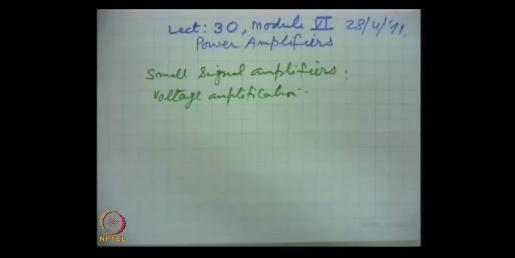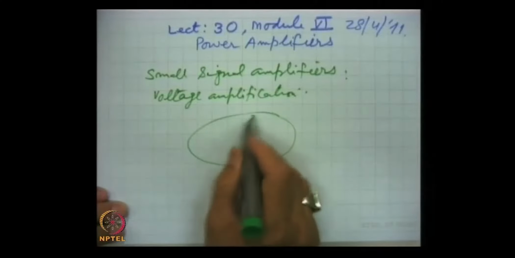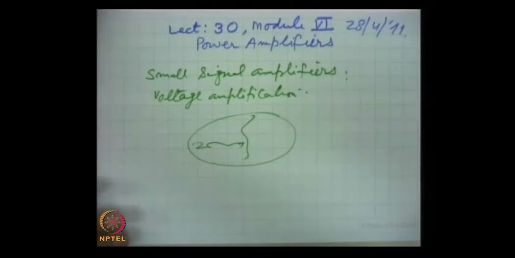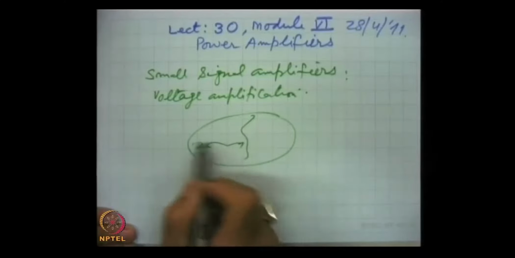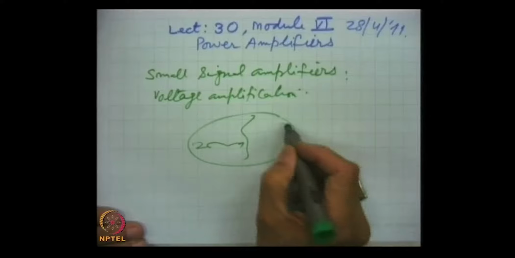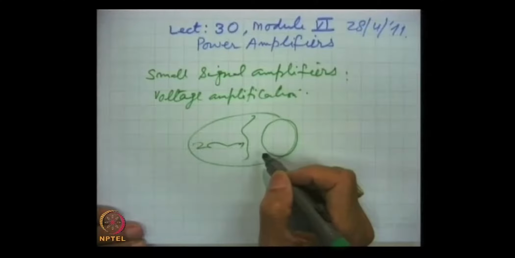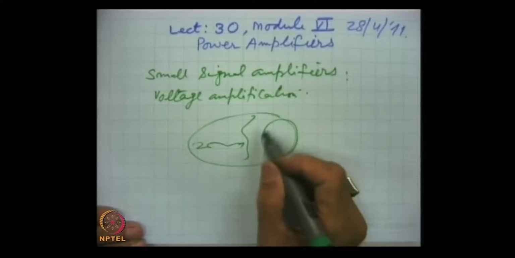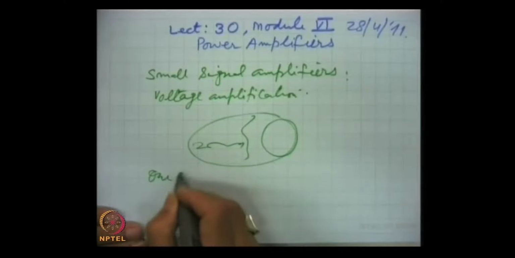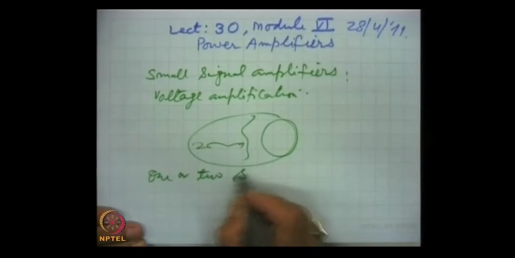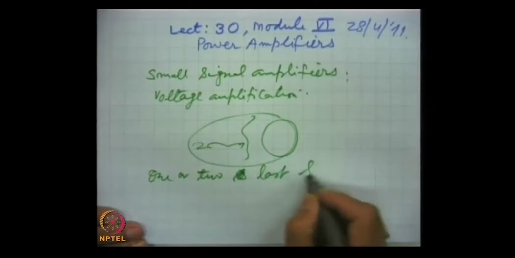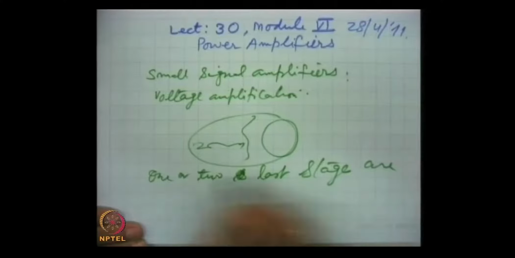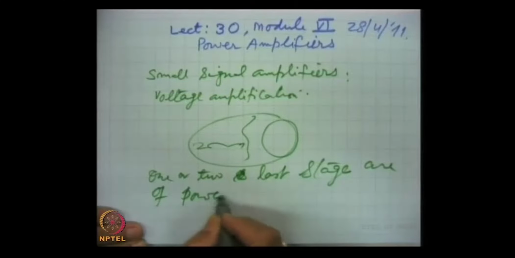Now, an electronic system contains one or in fact several stages of small signal amplifiers, the first, second, third, several stages. But at the output we require power to be delivered to the load. So one or two last stages are of power amplifiers.